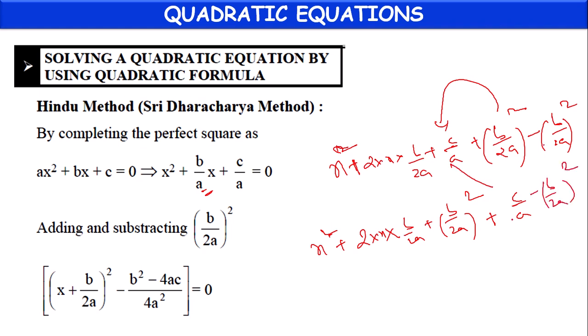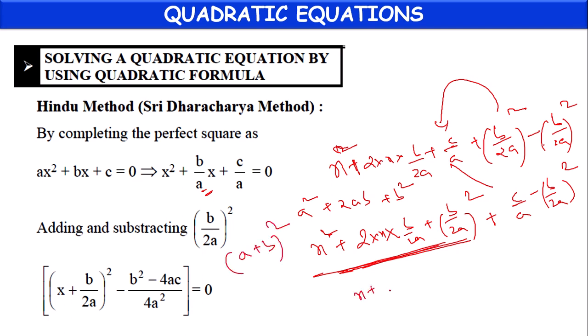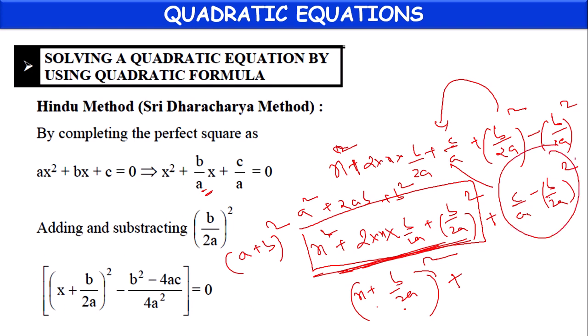Now this is in the form of a square plus 2ab plus b square, which is equal to a plus b whole square. Means x plus b by 2a whole square. So this part is simplified as x plus b by 2a whole square, plus the remaining part. If we take the LCM and simplify these two, this part will be equal to b square minus 4ac by 4a square.